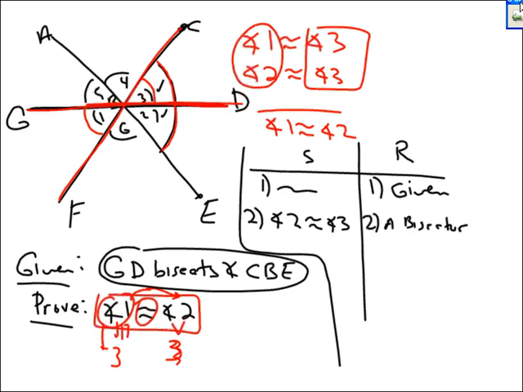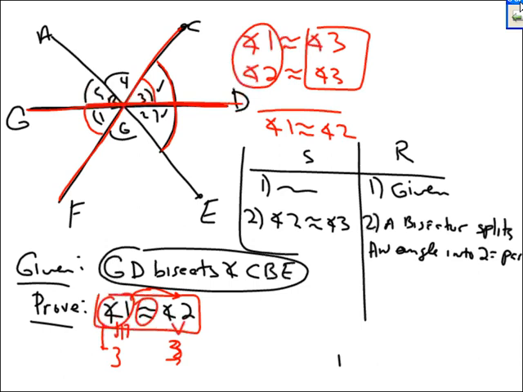A bisector splits an angle into two equal parts. So angle 2 and angle 3 are equal. Okay.